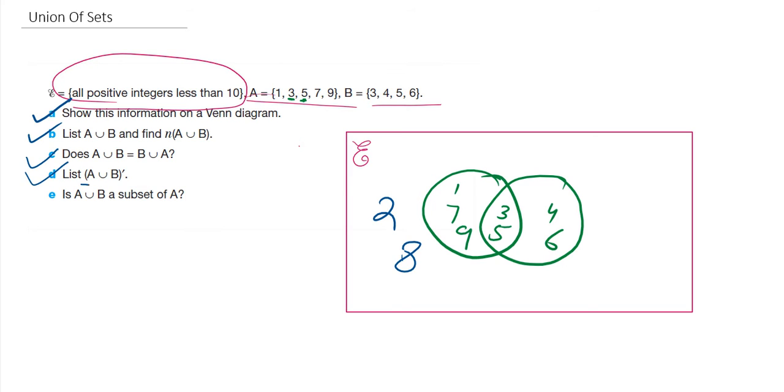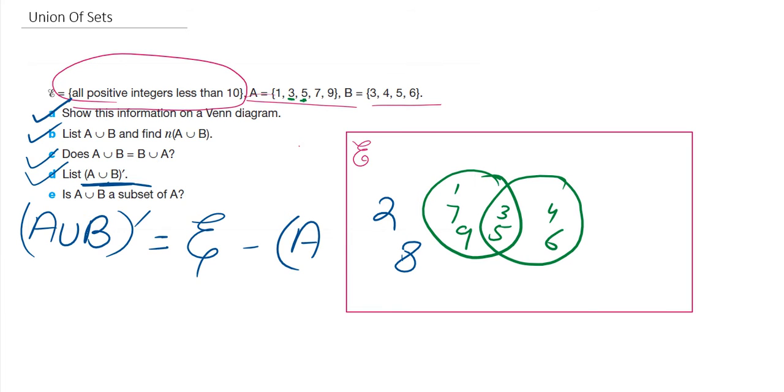Alright, list A union B complement. And what do we do in a complement? We have to take the difference between the universal set and A union B. As you know, A union B contains all of these elements. So the rest of the elements that are present in the universal set are 2 and 8.